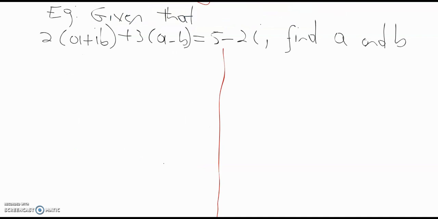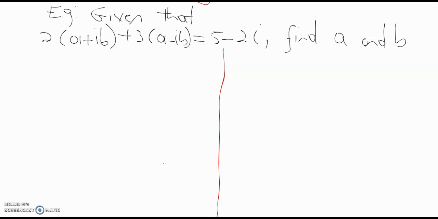So here we're given a scenario that 2 times (a plus ib) plus 3 times (a minus ib) equals 5 minus 2i. My job is to find a and b. When two complex numbers are equal, the real parts are equal and the imaginary parts are equal. So my task is to find the real part and the imaginary part on the left, and the real part and the imaginary part on the right, and equate them.